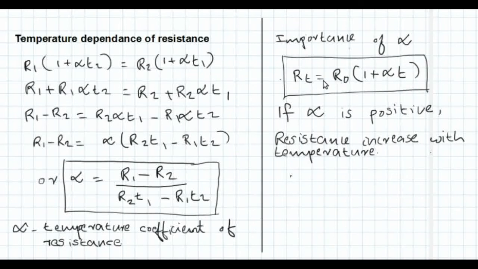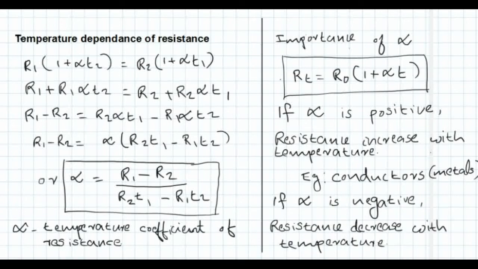That means the resistance will increase because R0 is a constant. Since alpha is positive, 1 plus a positive value will again increase the value of the resistance. Alpha is positive for conductors or metals.